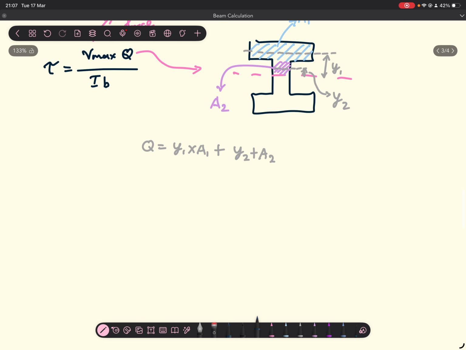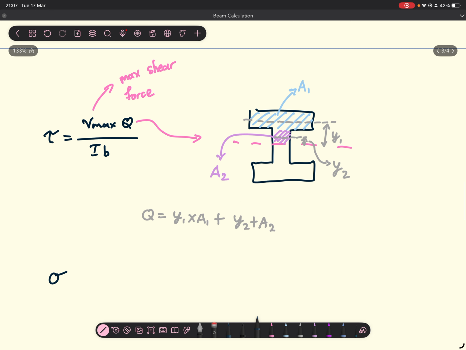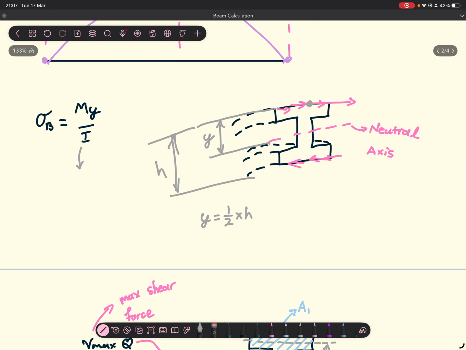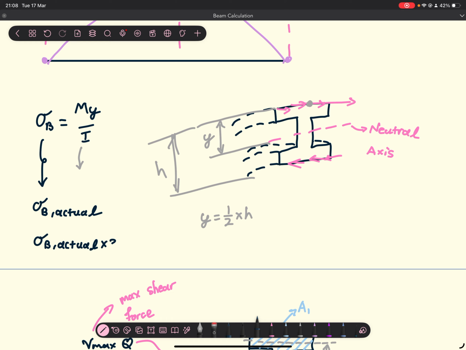So your safety factors would come in now. This bending stress that you would have calculated is your actual bending stress, right? Then now we're saying, okay, what if it's 3 times more? So we're going to multiply it by 3.